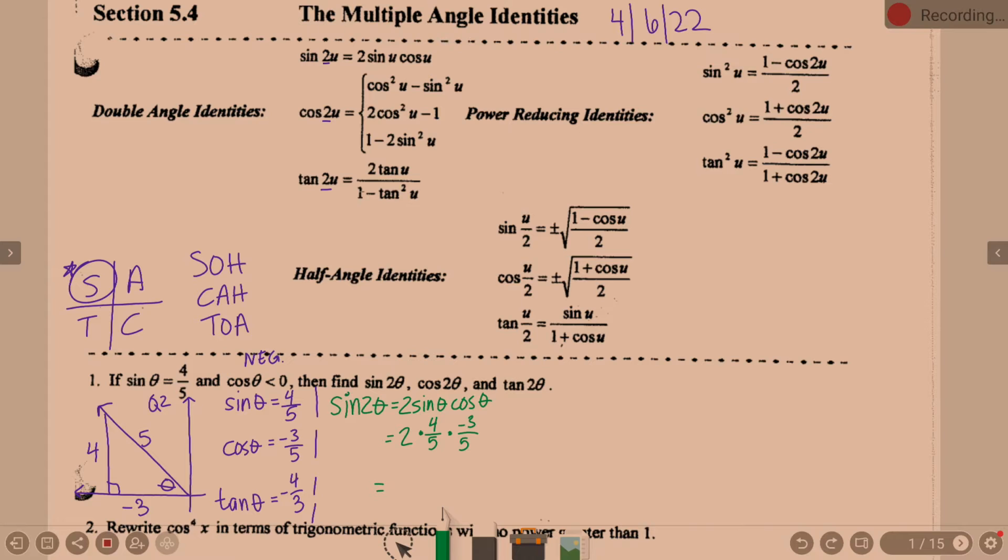For the fraction part, multiply those, and you get negative 12 over 25. If you multiply in the 2, that's 2 over 1, so that's going to make this negative 24 over 25. There is your sine 2 theta.